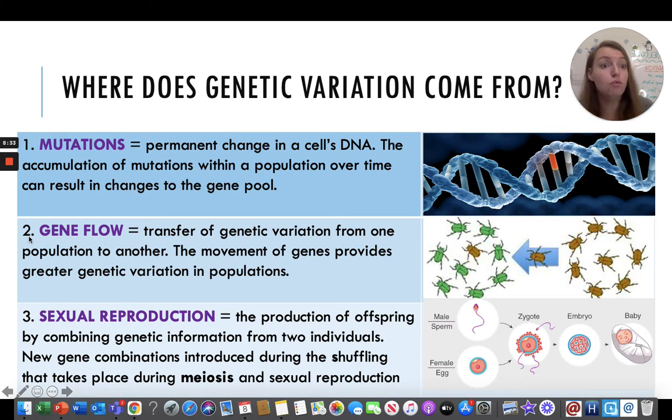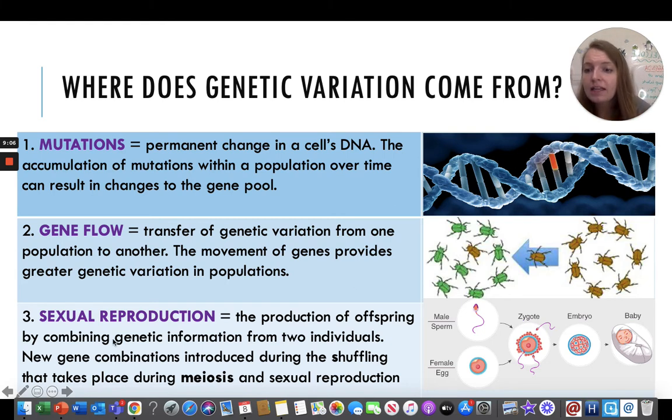There's going to be some movement of genes. And that's going to add more variety to the population. So here you can see we've got a population of green beetles and then we've got another population of brown beetles. And one of those brown beetles has found its way to the green beetles' area.